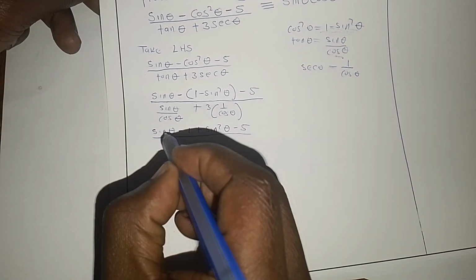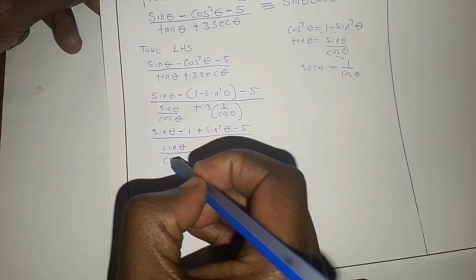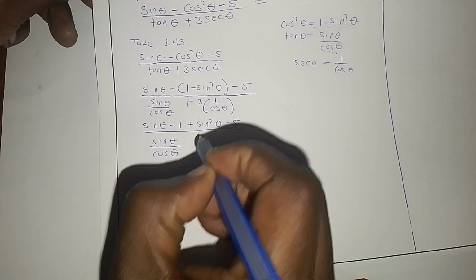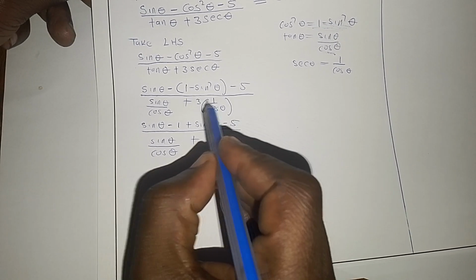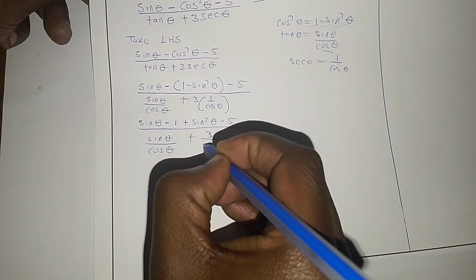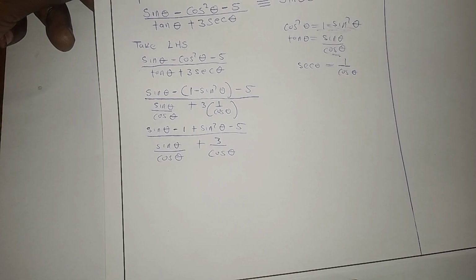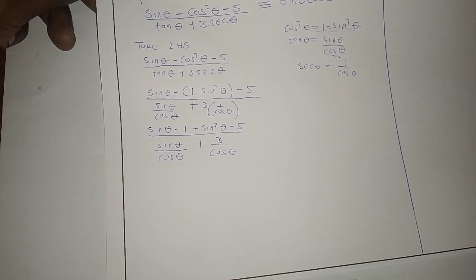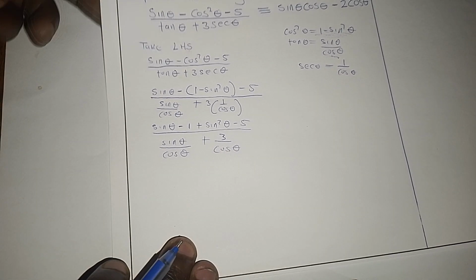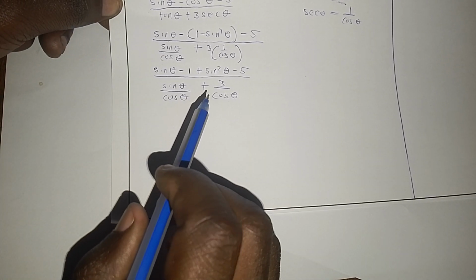Then over sine theta over cos theta, which is maintained, plus 3 times 1, which gives 3 over cos theta. I've reached this stage.